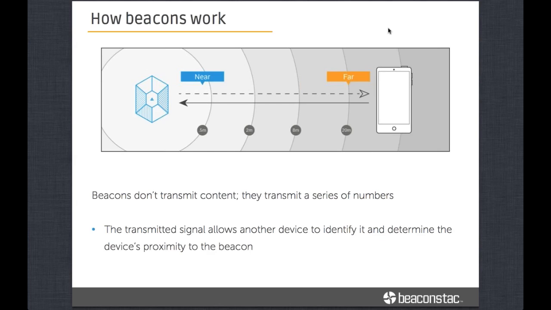So it usually gets a fairly decent estimate of whether it's about a meter away from the beacon, or really close, like 10 centimeters away, or much further away, like 10 or 20 meters away. So that's how beacons work, and that's the very basics of how proximity is used between a beacon and a smartphone.